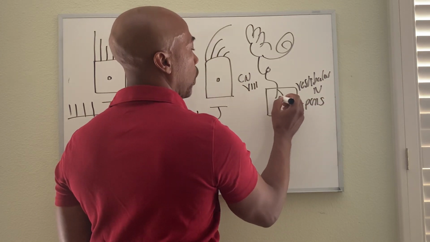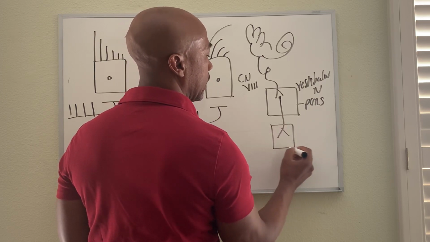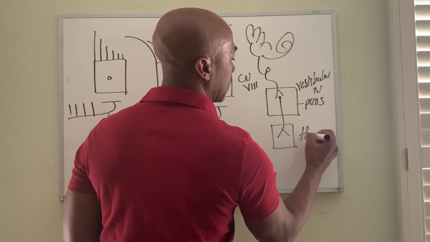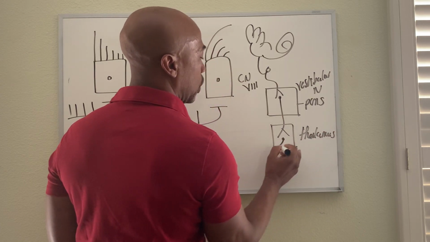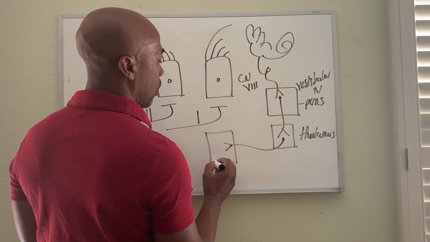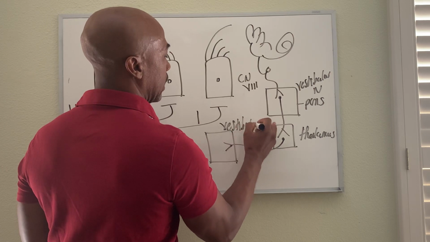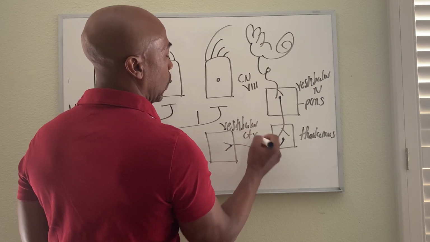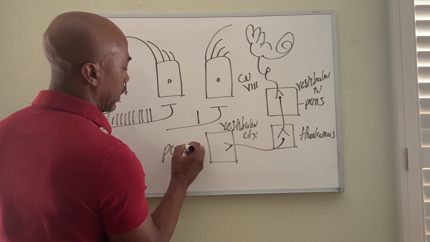Then the second neuron will go from there to synapse in the thalamus. And the third neuron goes up to end in your vestibular cortex, which is located in the parietal lobe.